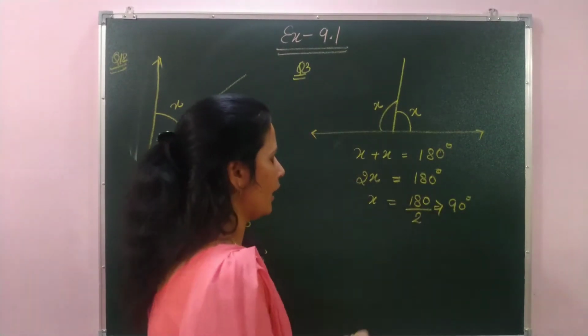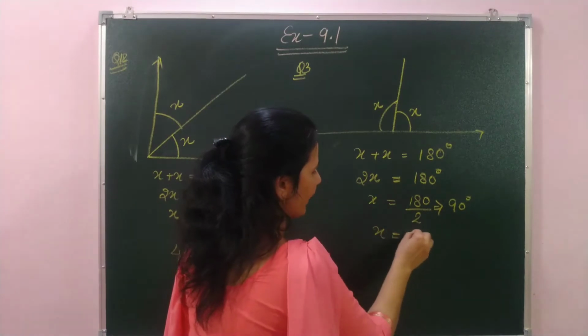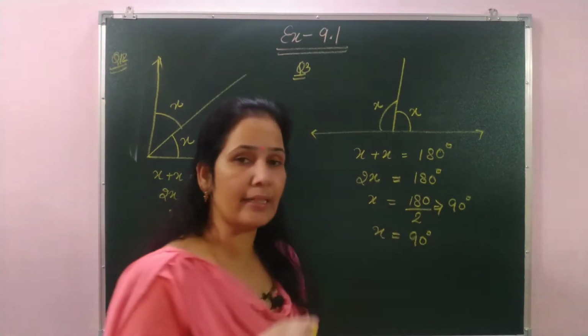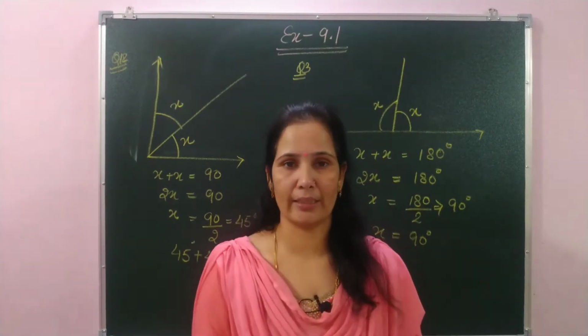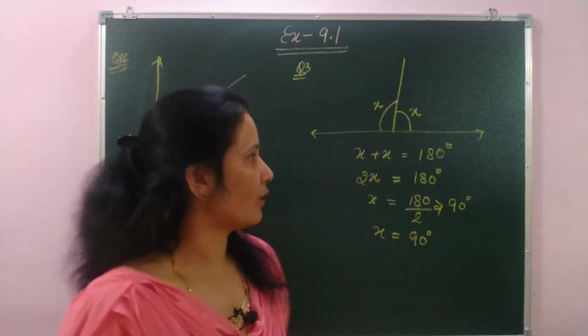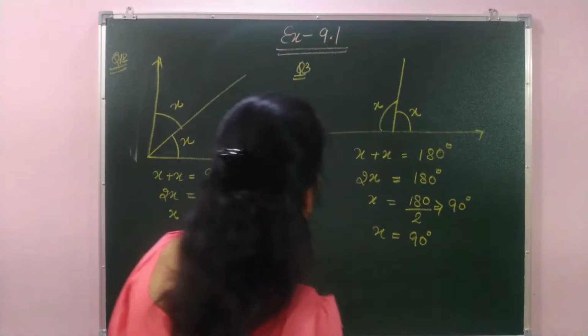Okay students, so the value of x is 90 degrees. So here the angle 90 degrees is the supplement of itself. So that angle is 90 degrees. Understood students? Now let us move to the next question.